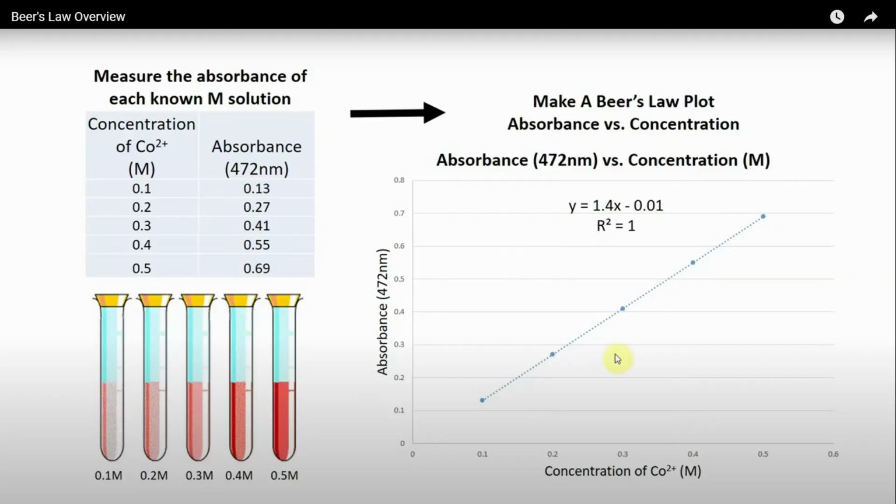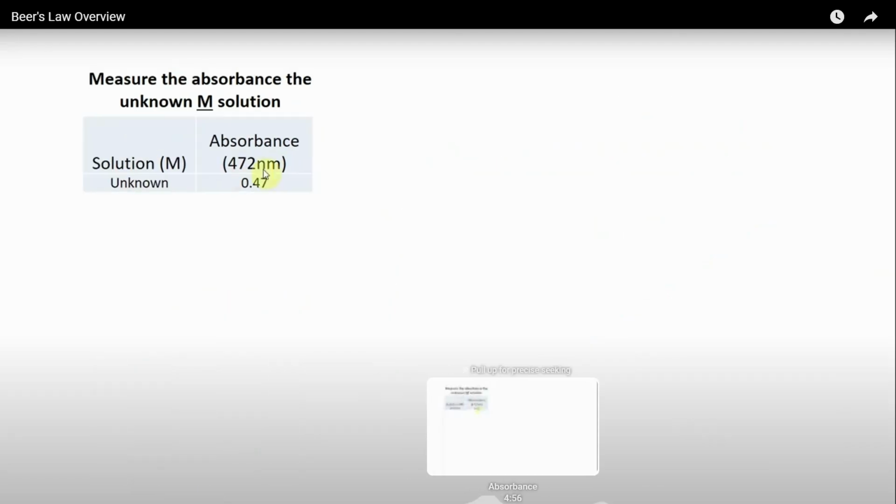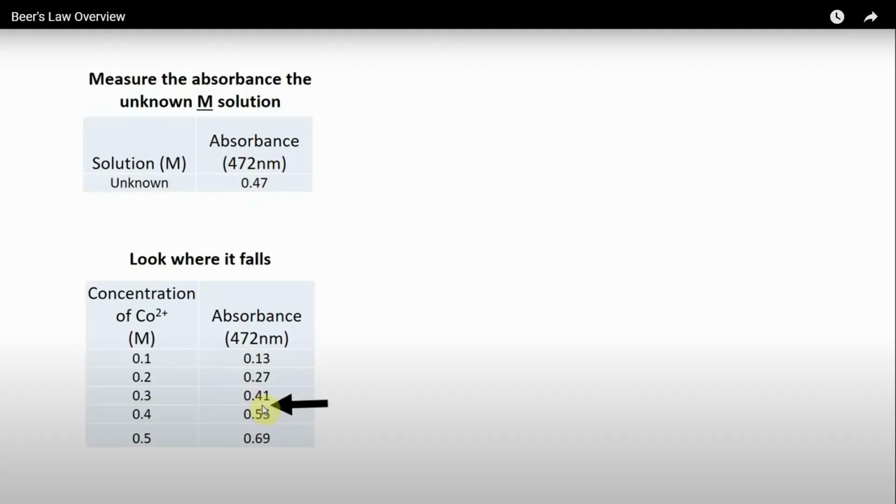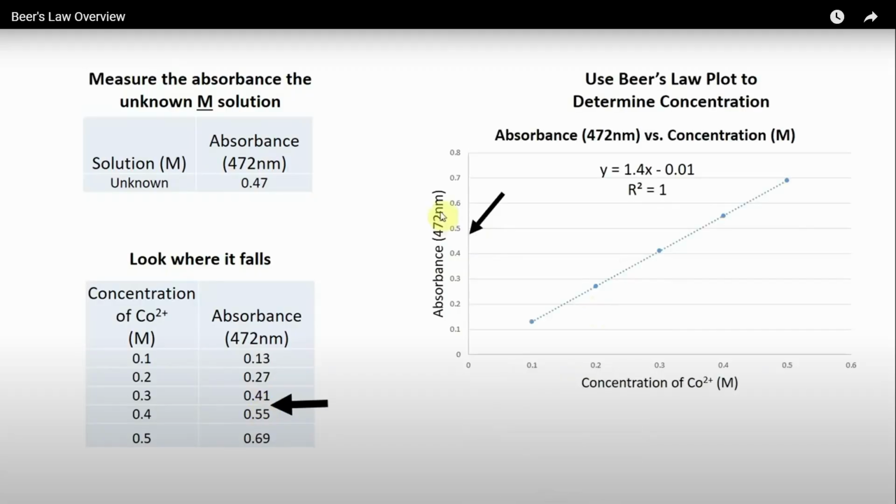Just so you know, what you would do is you would take your unknown. Let's just jump ahead. There's our unknown, there's our absorbance. And you can just read off the graph. You can say, here's my unknown absorbance at 0.47.